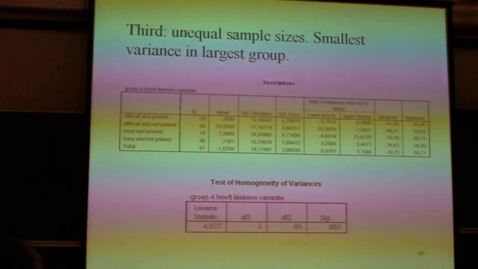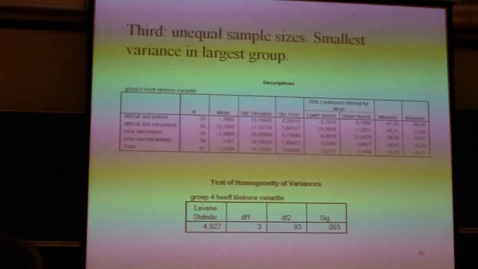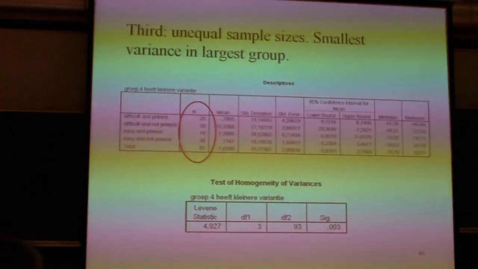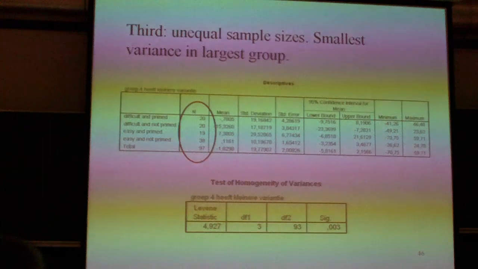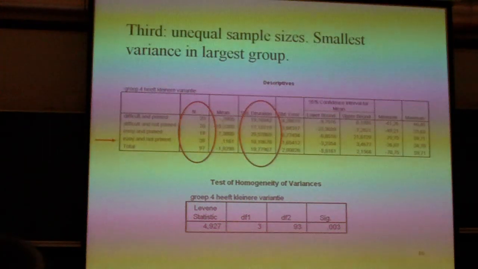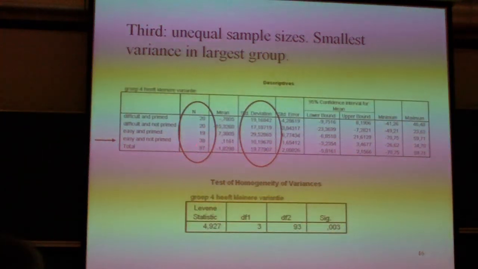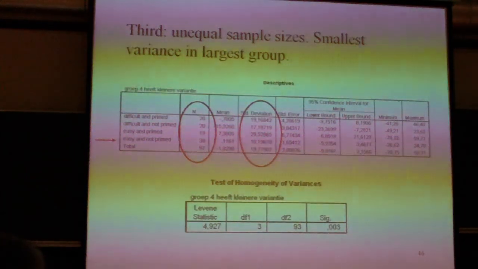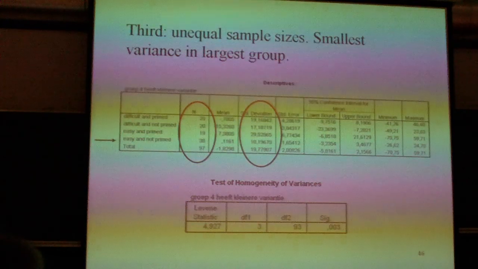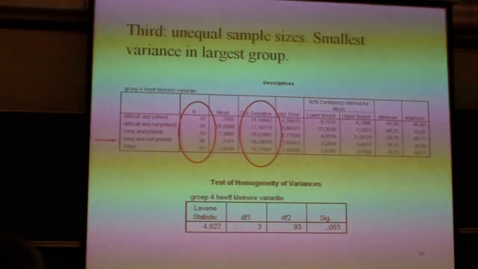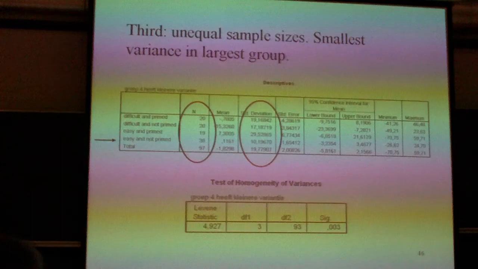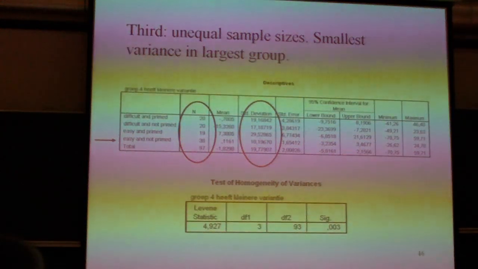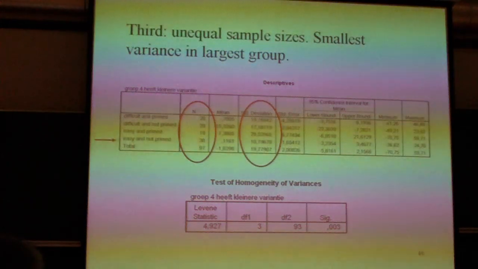Now here we have a third example, unequal group sizes yet again, and in this particular case we can see that the largest group has the smallest standard deviation. In this case, we have 38 observations in a group with a conspicuously small standard deviation. That means, of course, that the pooled estimate of the error variance tends to be deflated, and thereby the probability of type 1 error tends to be inflated.